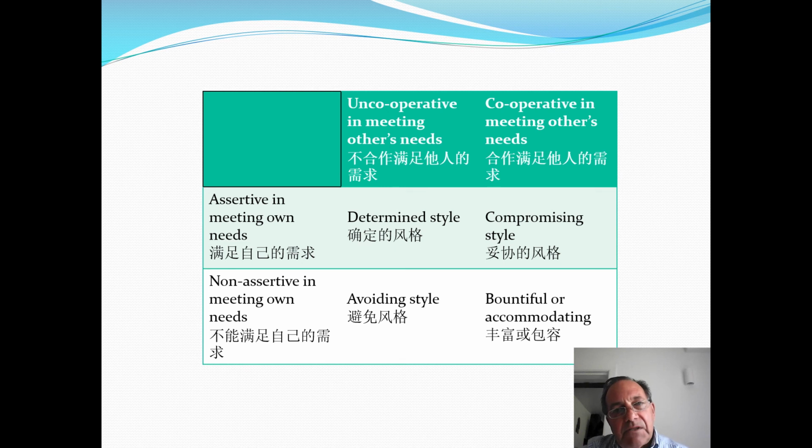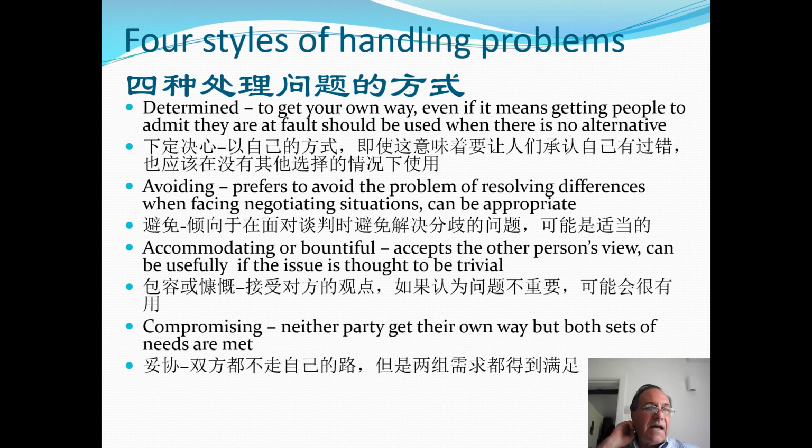A determined style, a compromising style, an avoiding style. These different styles of handling problems can be broken down into the determined style, which really is where people don't want to cooperate. They want to get their own way, even if it means getting people to admit that they're at fault.